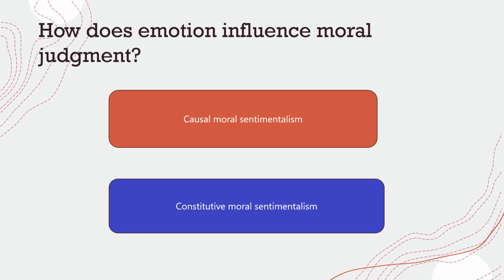Are they caused by our emotions, our feelings, or are they partly constituted by them? In other words, is what it means to be a particular moral judgment constituted by a certain emotion? Is that what it means to have a moral judgment, or are they just caused by them?